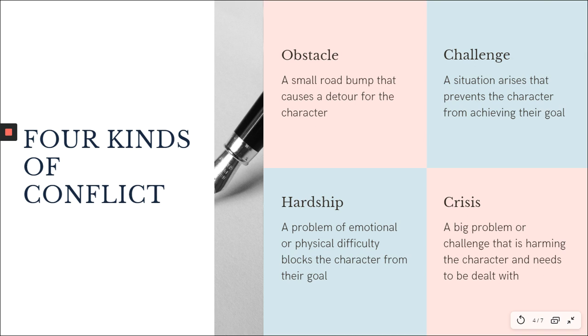It doesn't stop the character, but it makes them have to turn or go in a different direction than what they were already heading, and it causes a little bit of tension and problems as they set out to reach a goal.